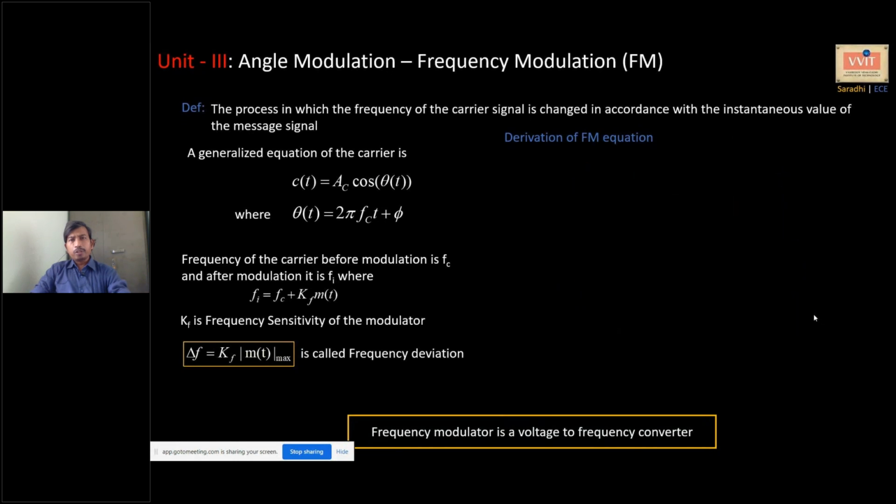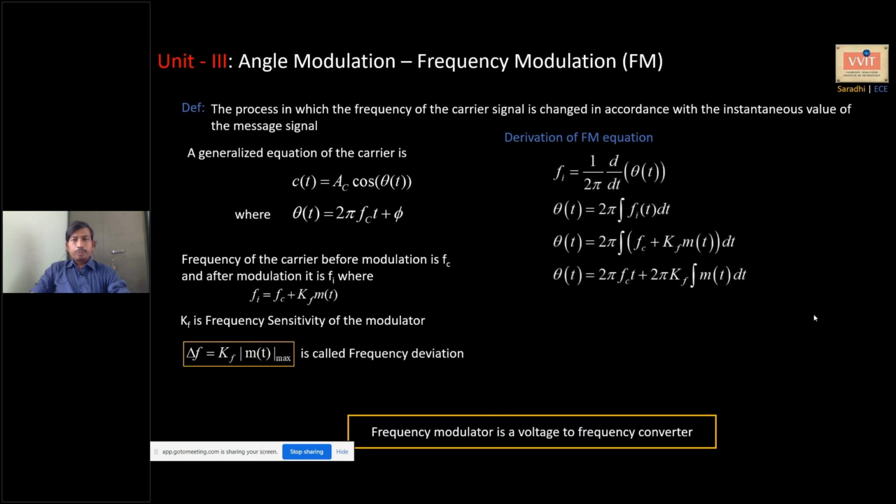So this is what frequency modulation is, but how do you derive the FM equation, that is the time domain description of the FM? That is based on this fundamental relationship where frequency equals 1 by 2 pi times the derivative of the angle, and the same can be written in reverse, the angle is equal to 2 pi integration of fi of t dt. So here fi of t, we already mentioned, is fc plus kf m of t.